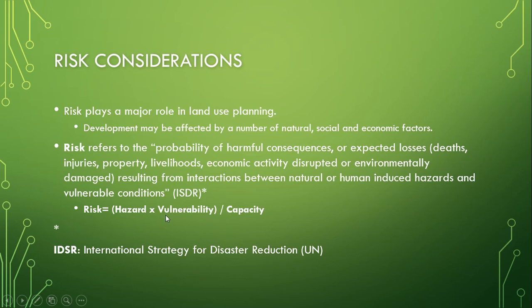So we know that risk is the convergence or the outcome of the interaction between hazards in an area and the vulnerabilities or pre-existing conditions that are present, in relation to the capacity of that community or environment to handle the consequences of that hazard. The way in which each of these factors relates to the others will determine the level of risk that occurs.